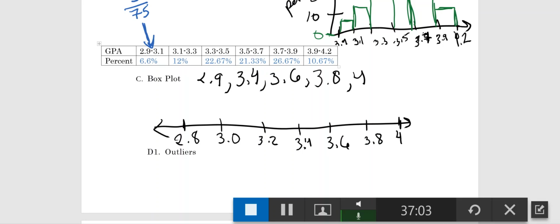Alright, a red one for fun. I haven't used red yet. So my minimum, my maximum, and then here's my first quartile. Here's my second quartile, because I did the median. And then here's my third quartile, and then there's my whiskers.